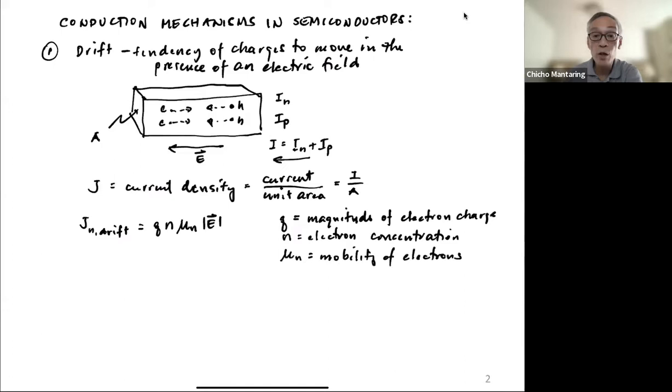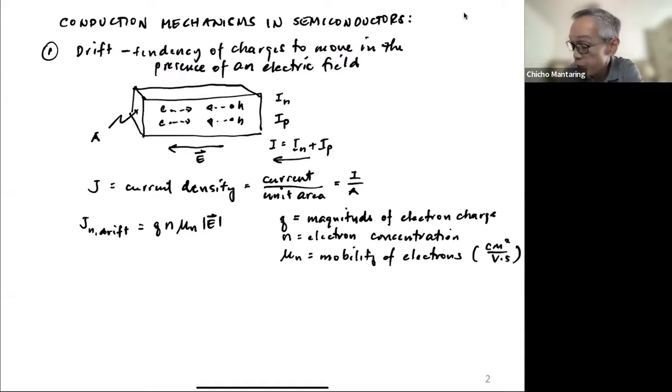So your q is in coulombs. Your concentration is in number of electrons per cubic centimeter, and your mobility is in centimeters squared over volt second. Okay, and then E is equal to your electric field intensity. This is volts per centimeter.